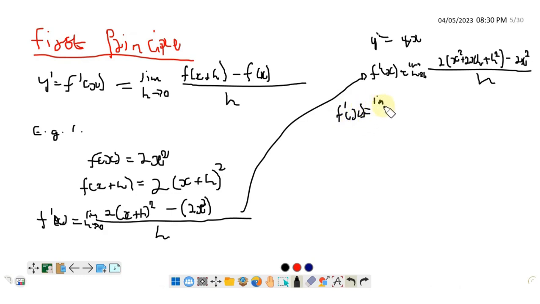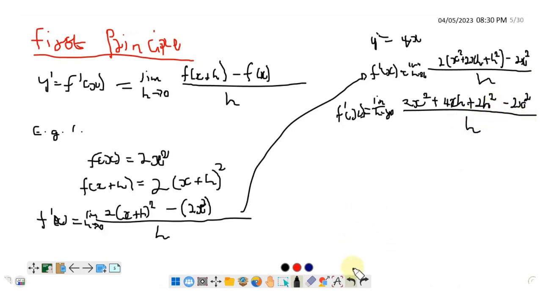The limit as h approaches 0. I multiply everything by 2, so I'll have 2x squared plus 4xh plus 2h squared minus 2x squared, all over h.